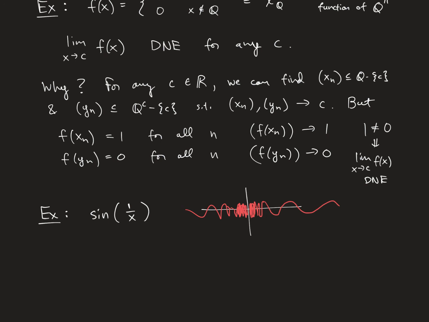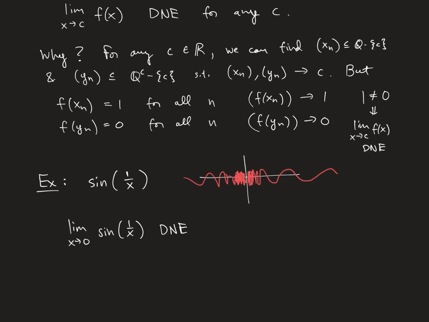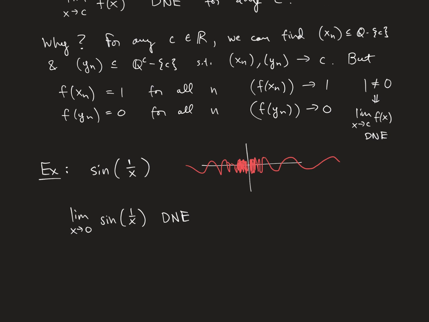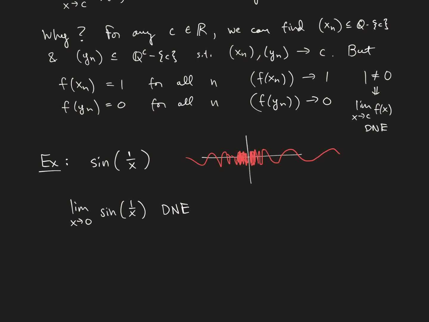And so we can use this corollary to show that the limit as x approaches 0 of sine of 1 over x does not exist. The basic idea is to get the peaks, all these 1s as you come in to the origin, and then all of the negative ones.